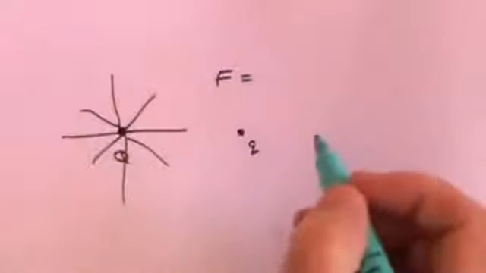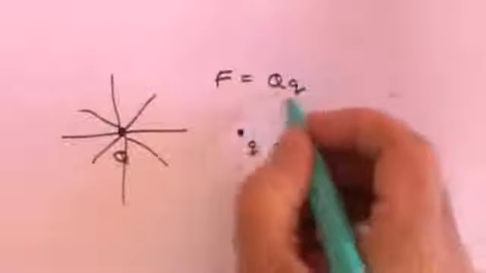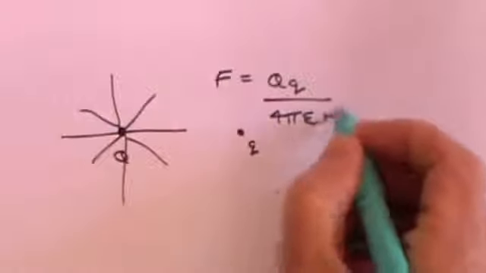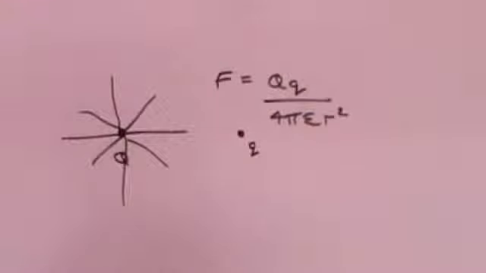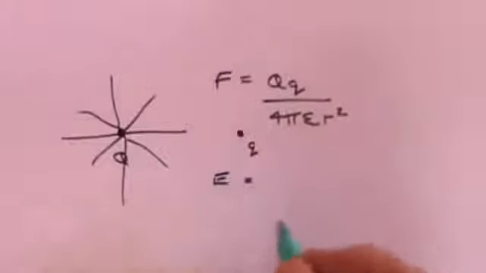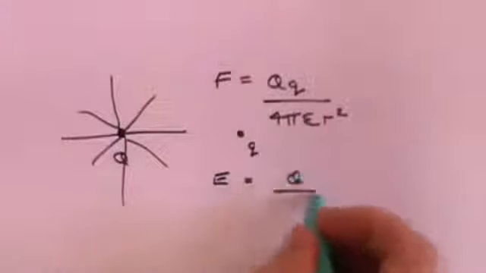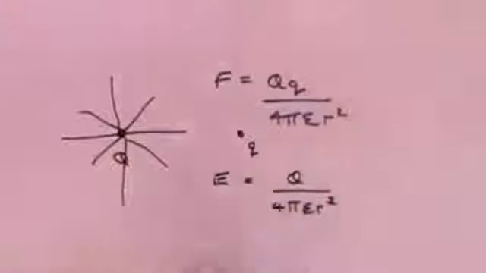And that is given, as we showed in the previous video, by Qq over 4 pi epsilon r squared, where epsilon is the permittivity of free space. And I also said that the field strength at any point is given by Q over 4 pi epsilon r squared.